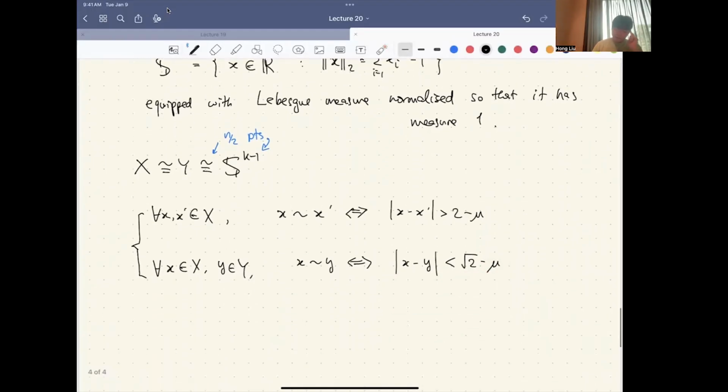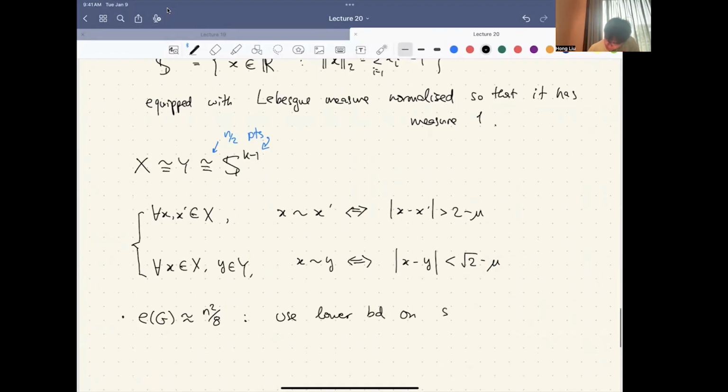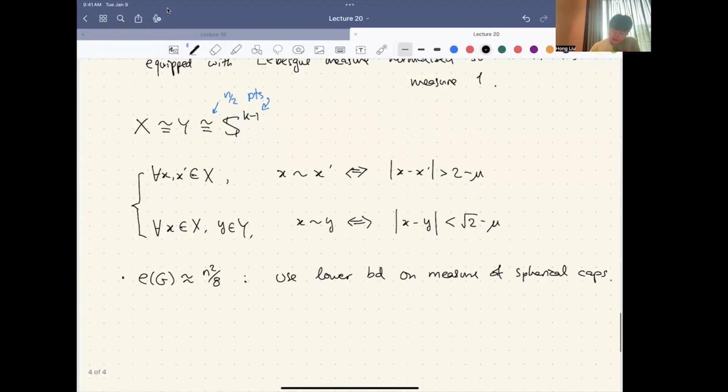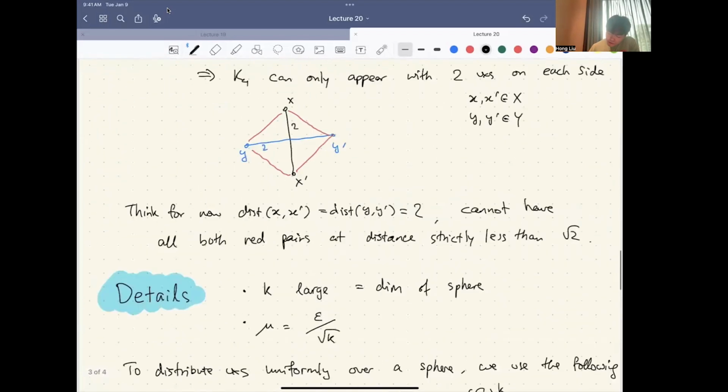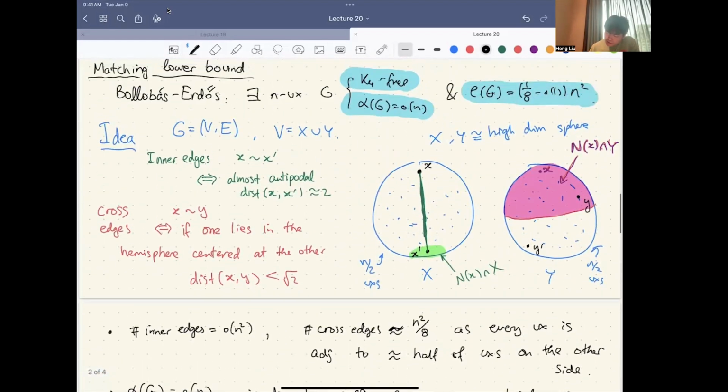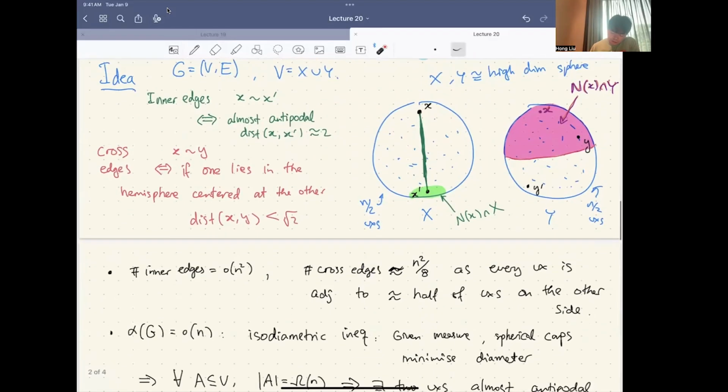So we just use lower bounds on measures of spherical cap. And as I said, every vertex is adjacent to roughly half of the vertices on the other side. So n squared over 8.